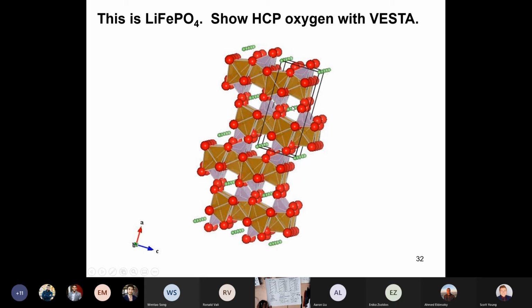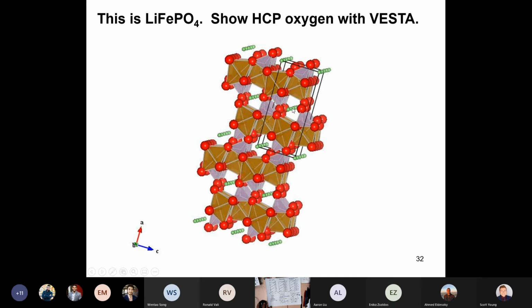Now it turns out that there's only tunnels along the B axis. So LiFePO4 is a one-dimensional diffuser for lithium. And if you have just one iron atom that's in the middle of the tunnel by mistake, it will block the lithium diffusion.